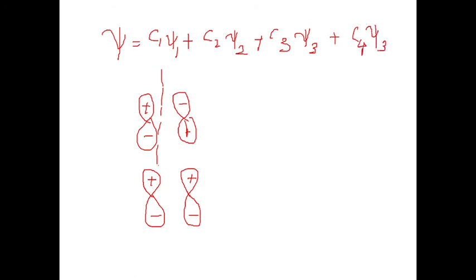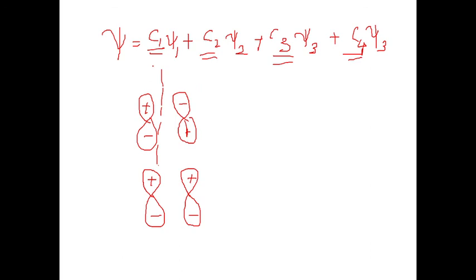There may be a case in which C1, C2, C3 and C4 are given values, and depending on the values, if C1, C2, C3, C4 are all positive, then this particular wave function is not going to have any node.